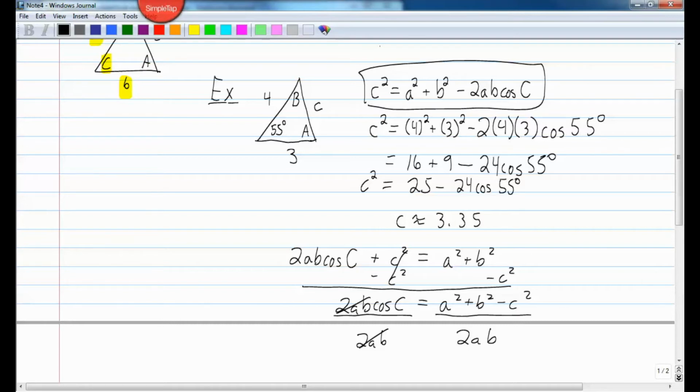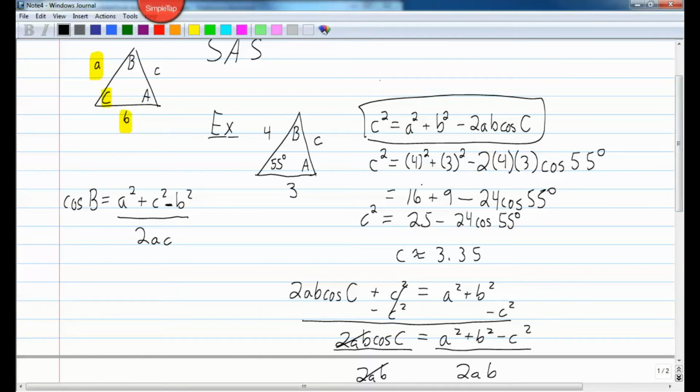So I can solve for either one of these because now I know A, B, and C. But let's solve for, say, angle B. So the cosine of angle B, if you recall the formula that you wrote down a second ago, was A squared plus C squared minus B squared all over 2 times A times C.